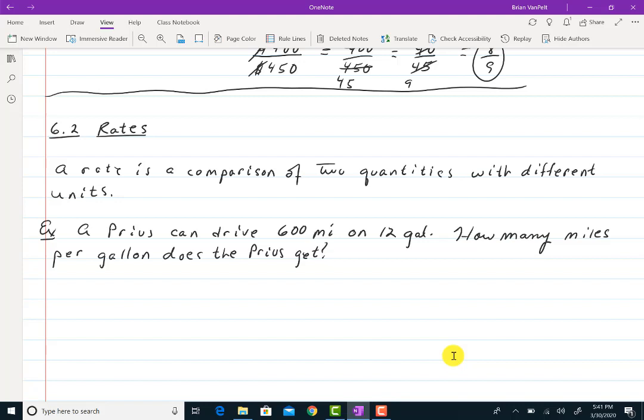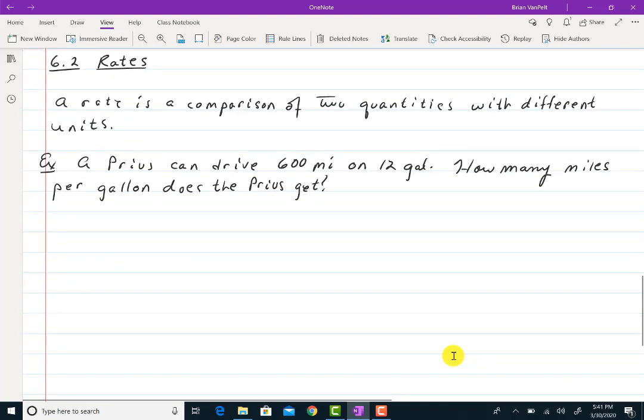So usually when people are buying a car, especially a car where gas mileage is important to them, they're usually looking for the gas mileage listed on the sticker somewhere to tell them, so that they can compare two cars to determine which one they want better. But for us, we have 600 miles per 12 gallons.